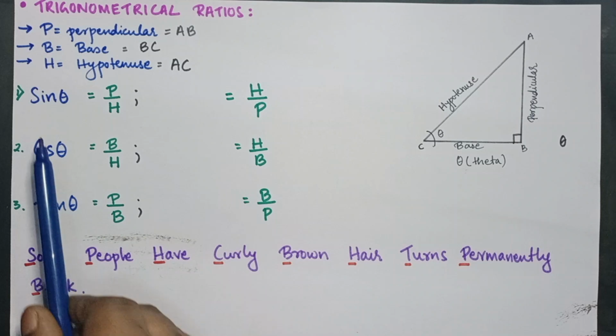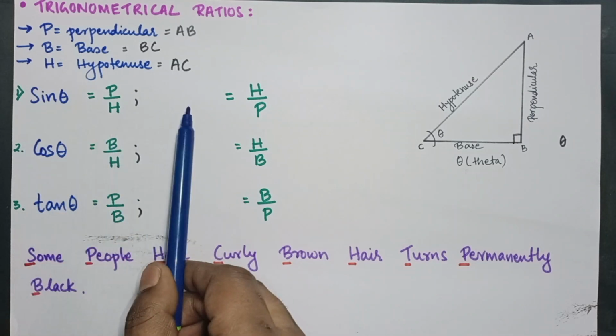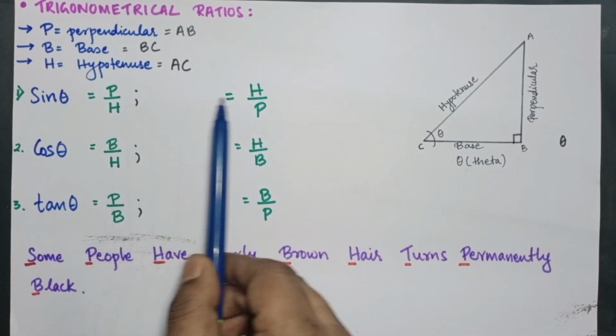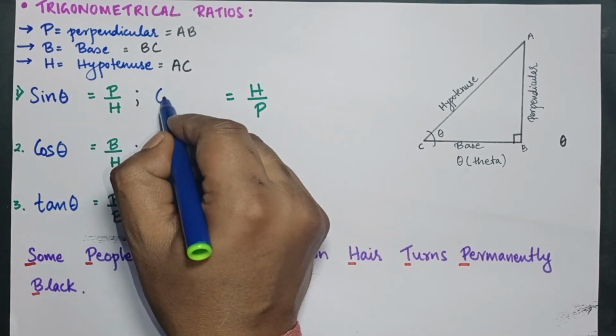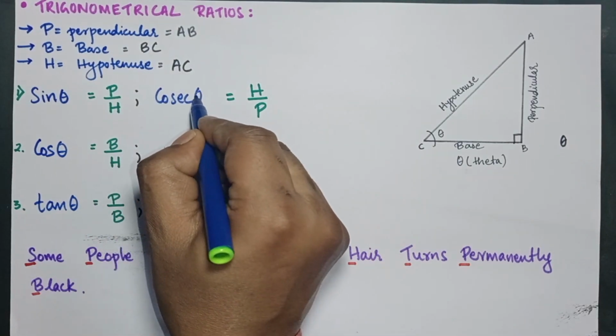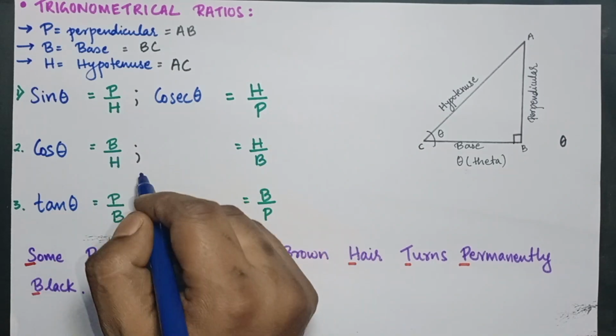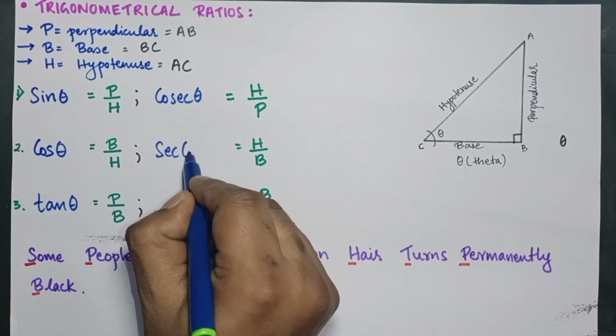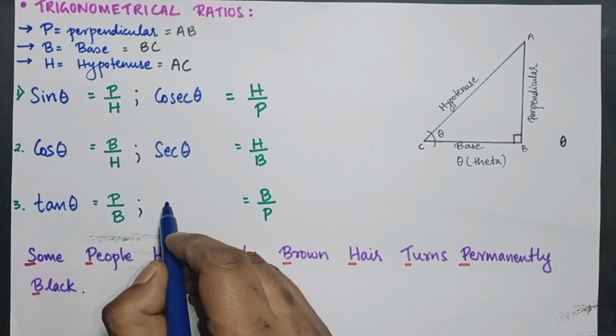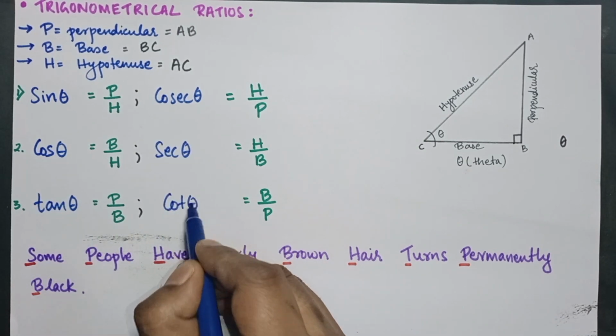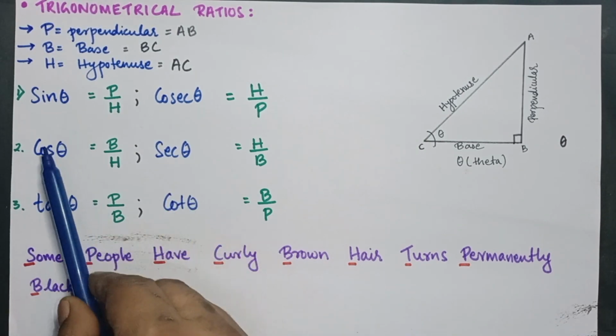Okay, and what happens is that the opposite is the reciprocal. Yes or no? The reciprocal of P by H will be cosec theta. The reciprocal of cos theta will be your sec theta. Similarly, the reciprocal of tan theta will be your cot theta. So what are sine theta, cos theta, tan theta?